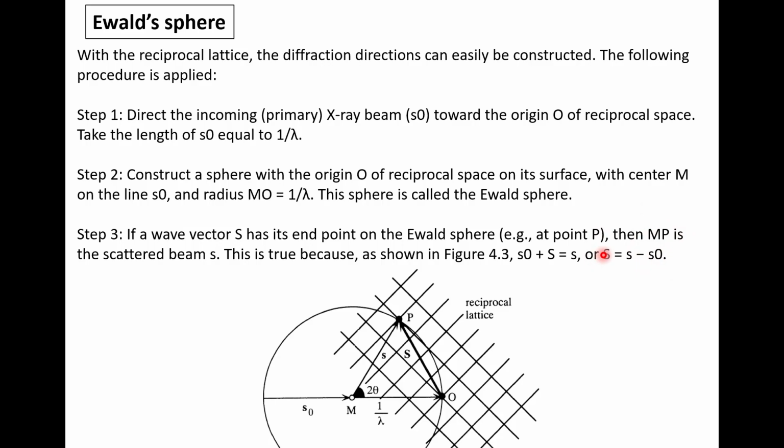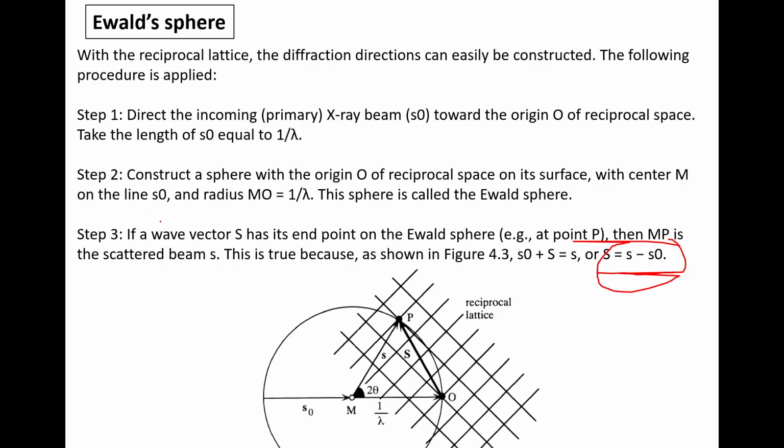If this condition holds true, then only will the Ewald sphere cut this reciprocal lattice, and this P point will follow constructive interference, due to which you will get an electron density when you apply a Fourier transform on the structure factor associated with this P point.